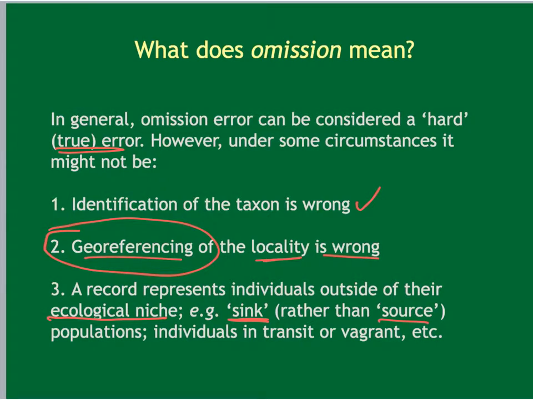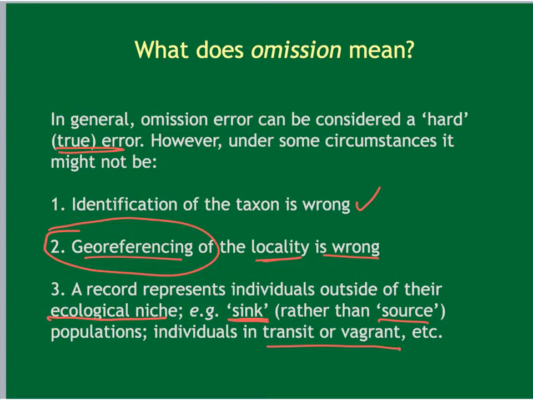So if we have sink populations, that may also affect our omission records. And if we have species that migrate or move frequently or are pushed out of their environment frequently by either human activities or other species, that may also throw off locations of records. So those would all have to be evaluated.